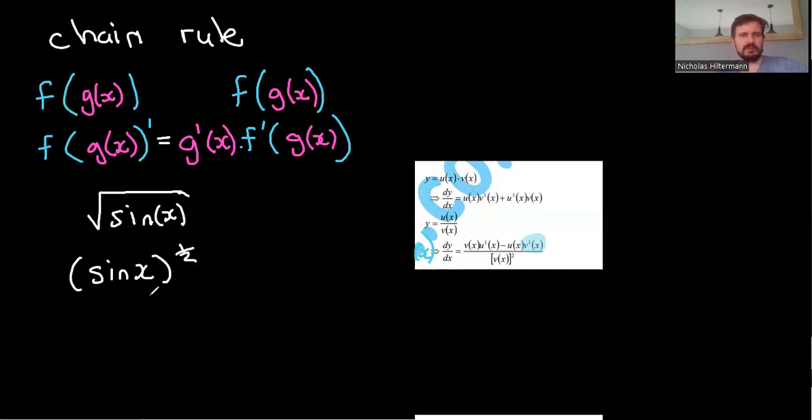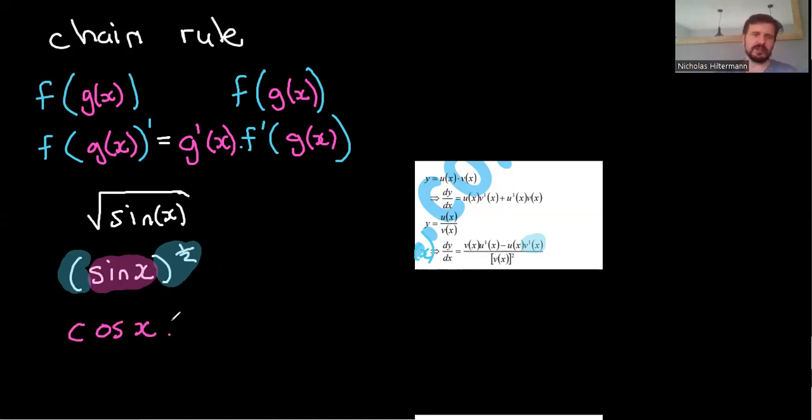Now how does this resemble the chain rule that we're looking at? Well, the chain rule shows a light blue with a pink inside. So I'm going to highlight what would be considered the light blue, would be this, and the pink would be this here. What we do is we find the derivative of the inside. So this is called the inside-outside rule. We find the derivative of the sine x. The derivative of sine x is cos x.